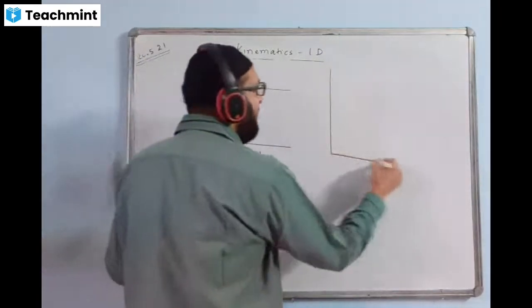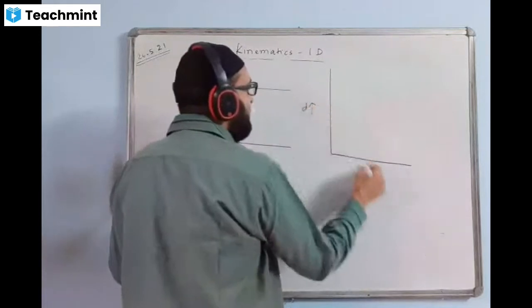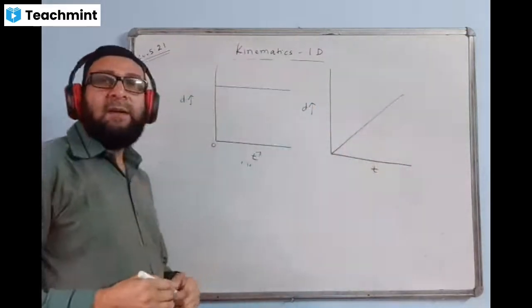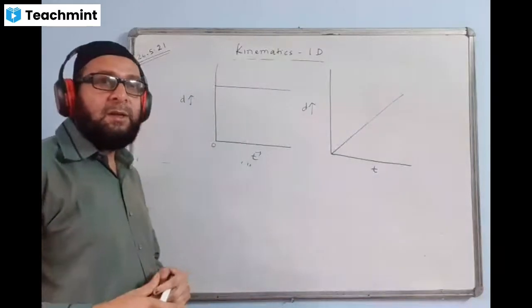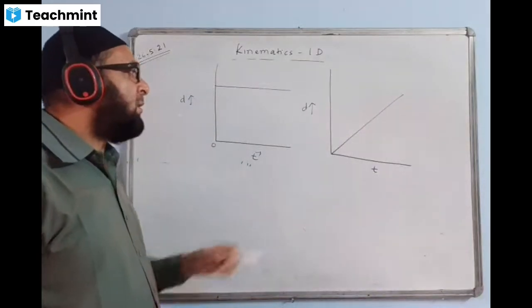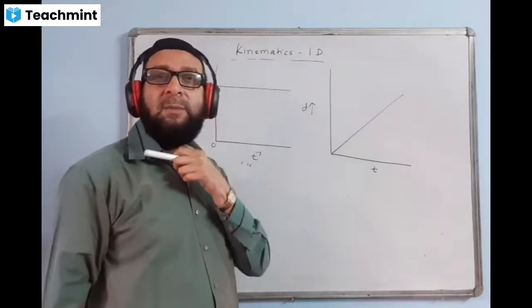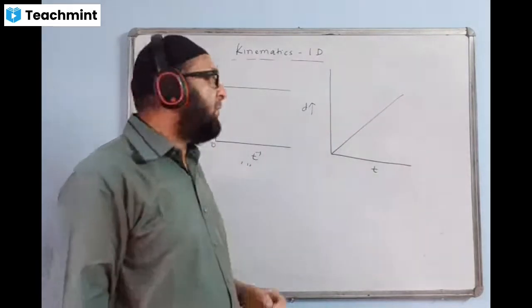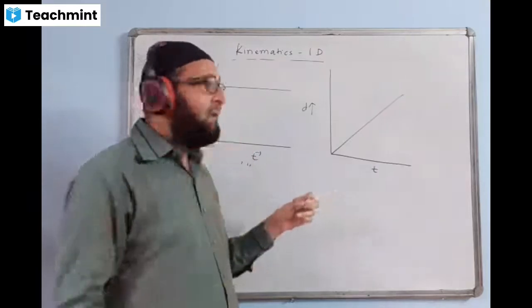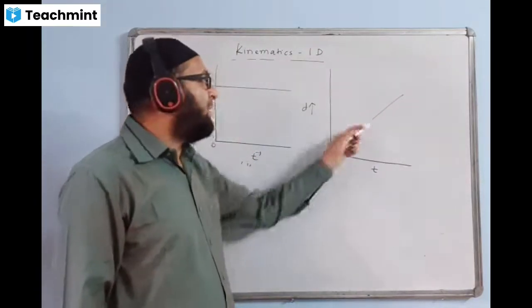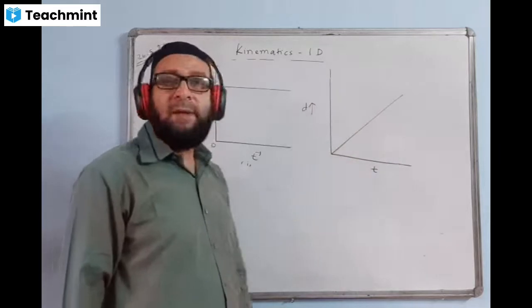Distance-time graph, if you are having like this is distance, this is time, and a graph is like this. Give a comment. We say the body is moving with a constant velocity, because the slope is positive, no? Slope is velocity or speed. We say the body is moving with a uniform or constant positive velocity. When the same thing comes this way, we say negative velocity.